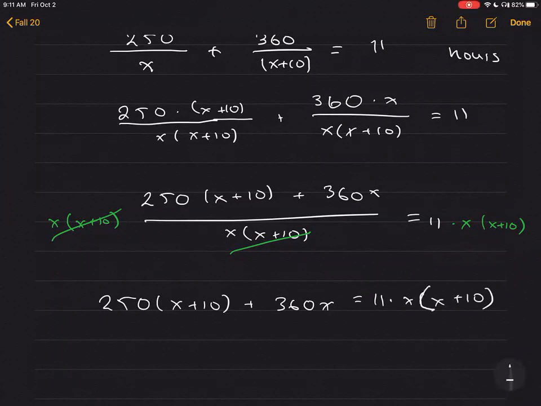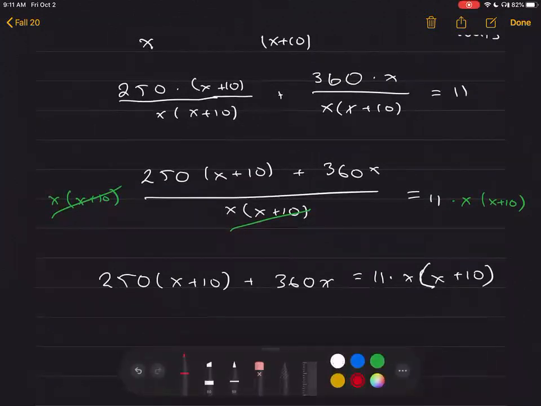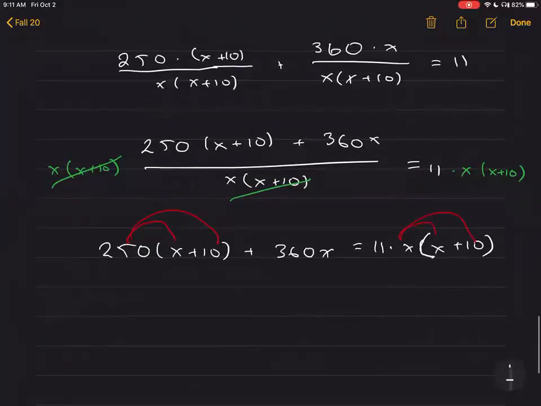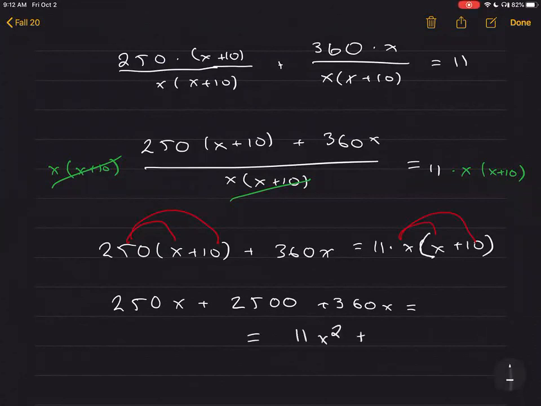Cool. Now we can combine some more terms. Actually, let's first distribute. This 250 distributes to there, and this 11X will distribute into here. So then what we get is 250X plus 250 times 10, which is 2500, plus 360X equals, I'm going to write on a new line because I'm running out of space, 11X squared plus 110X.